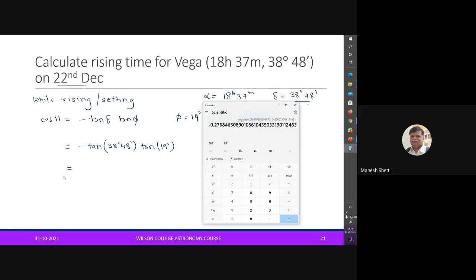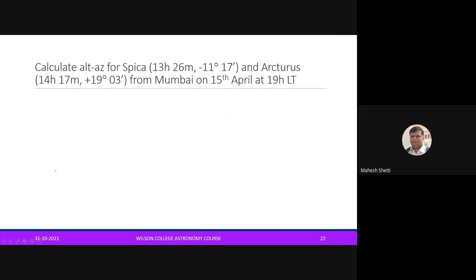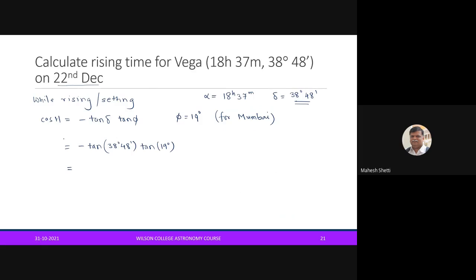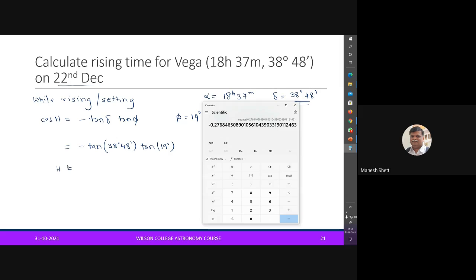I want to calculate h. So h is cos inverse of this. So with the trigonometric second function cos inverse, I get 106 degrees.